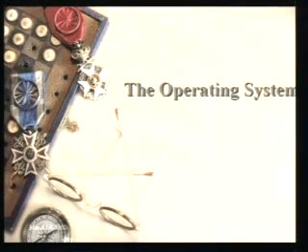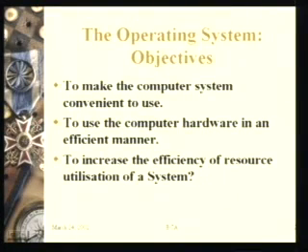Now let us try to elaborate on one more topic, and that is the operating system. What are the basic objectives for this topic? To make the computer system convenient to use. In fact, these are the objectives of the operating system: to use the computer hardware in an efficient manner and to increase the efficiency of resource utilization of a computer. So these are the basic objectives why you would like to use an operating system in a computer system.